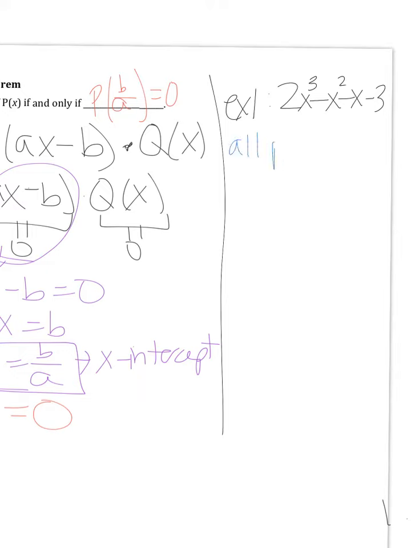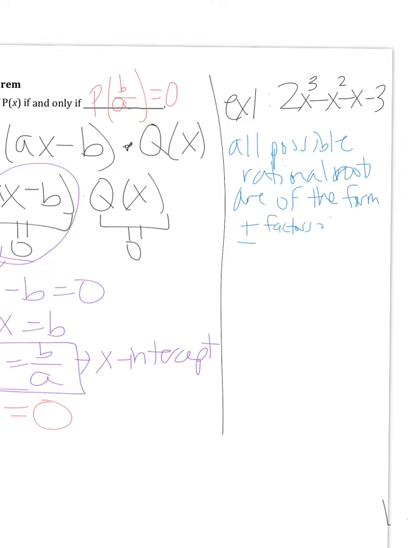All possible rational roots are of the form plus or minus factors of the last term divided by factors of the first coefficient.